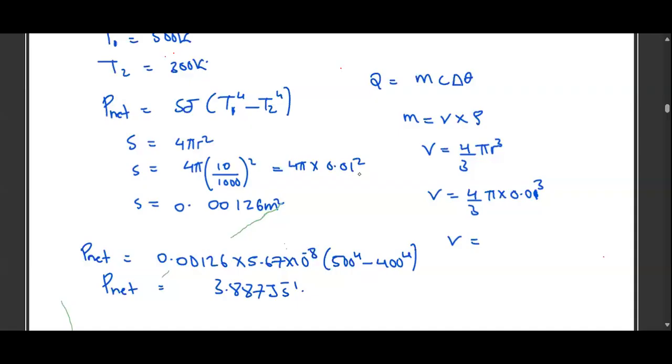I am coming up with the volume as 4.19 times 10 power negative 6 meters cubed.